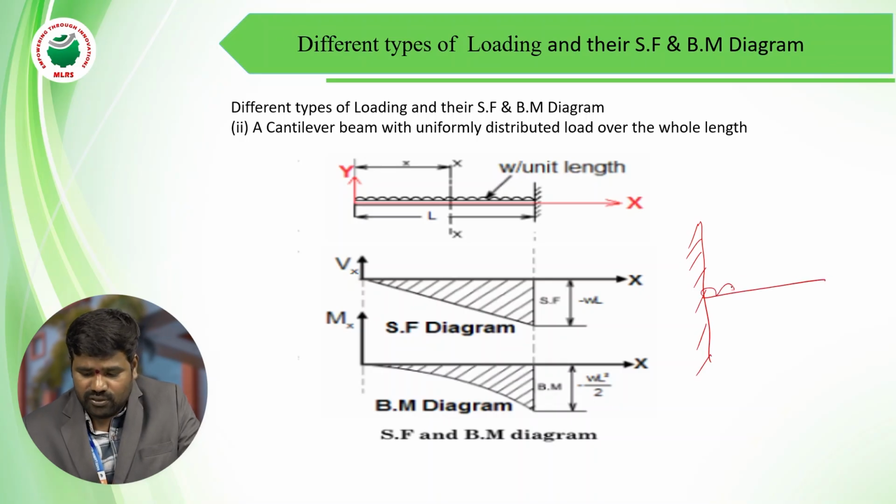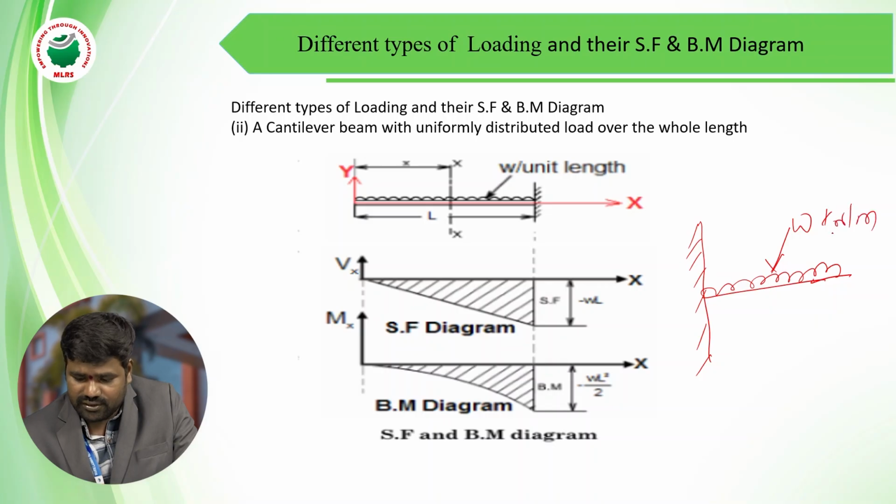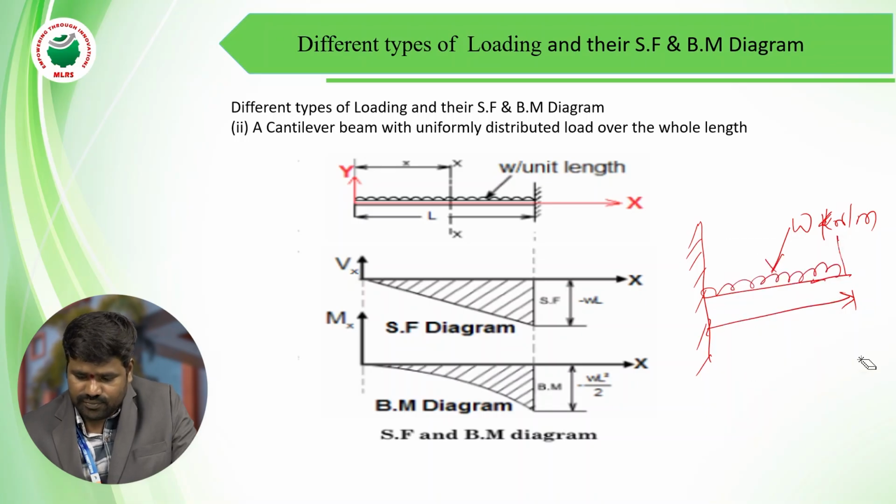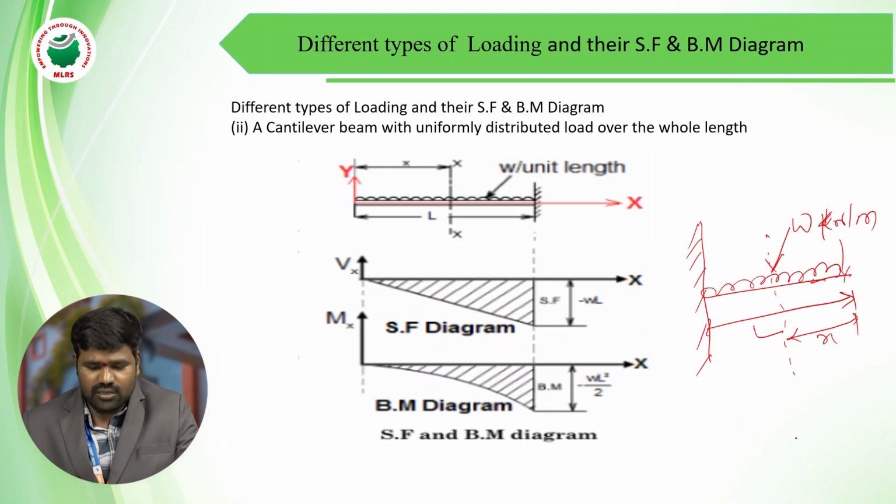Uniformly distributed load, you can take any point on the beam, load W kilonewton per meter, some distance L, and centroid, this is X. See the figure.